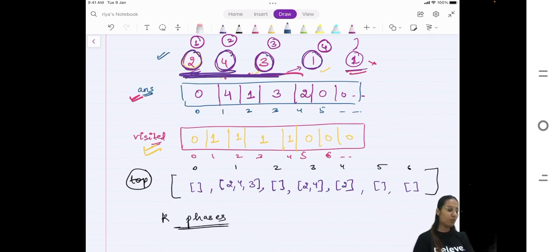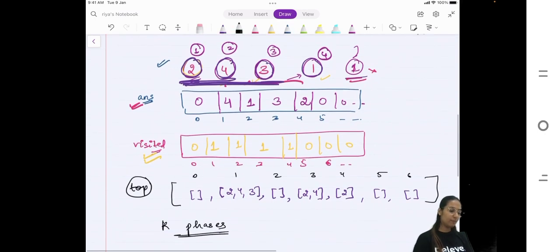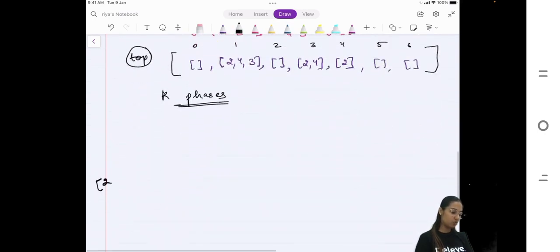Remember one thing: let's say in the input you have 2, 4, 3, 1, 1, and you get an input for value 3. Whenever you get an input for value 3 and shift it to the front, the people at the back of 3, their position is not changed.